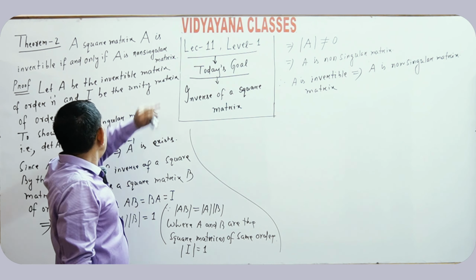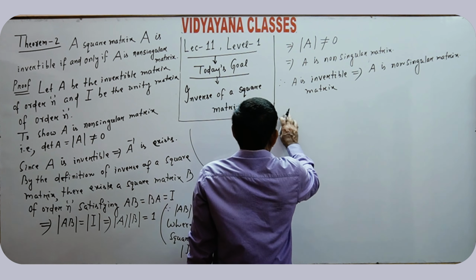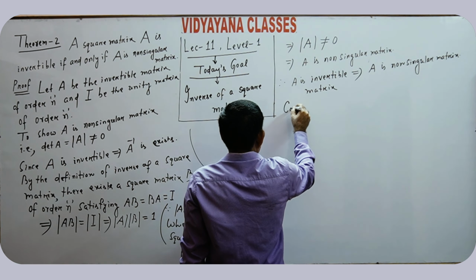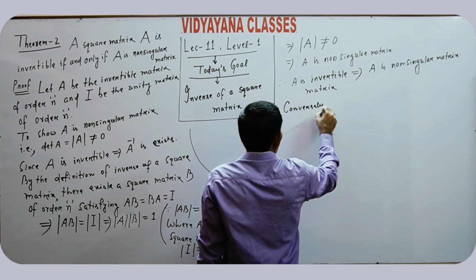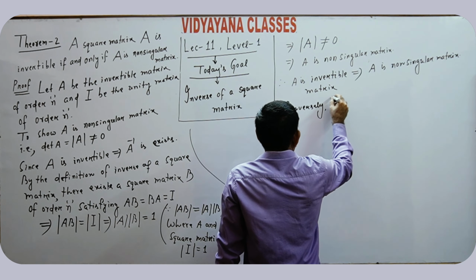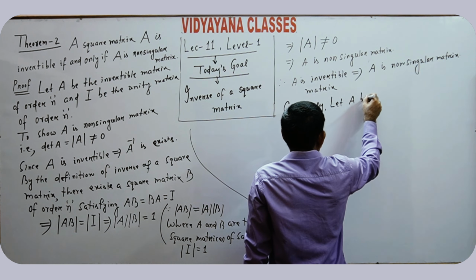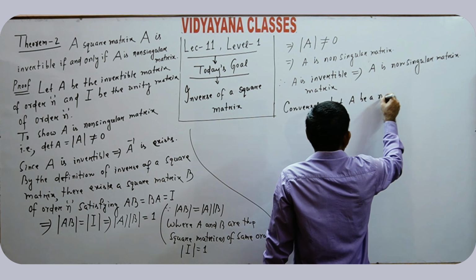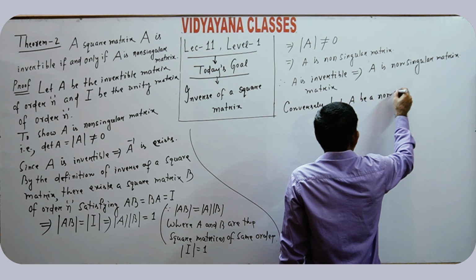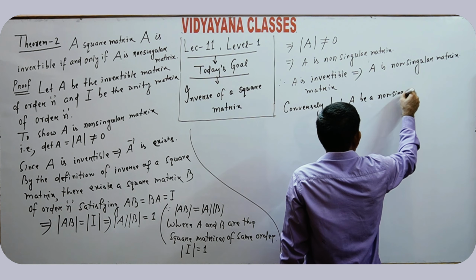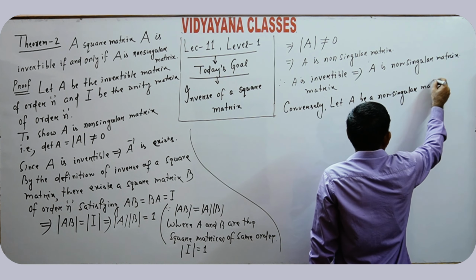Next, A is non-singular implies A is invertible. Conversely, let capital A be a non-singular matrix.